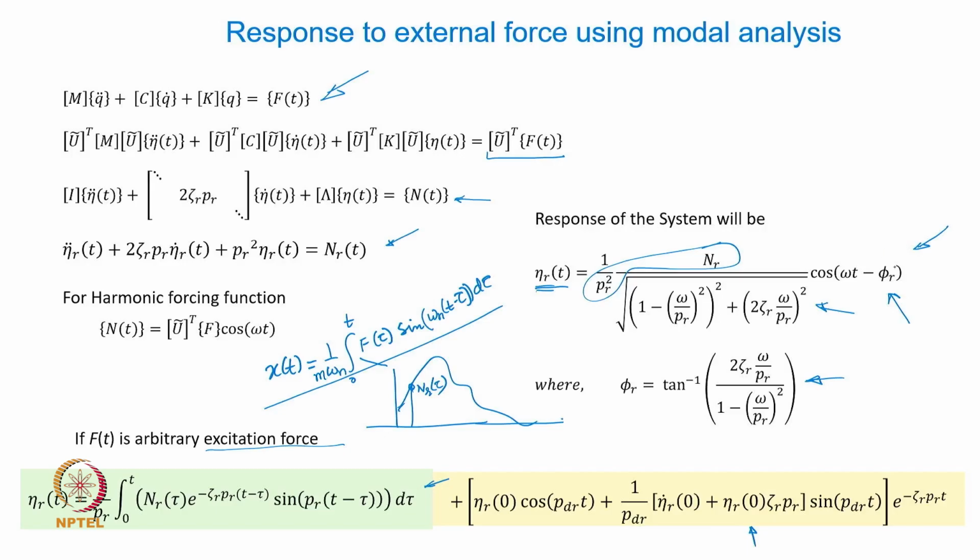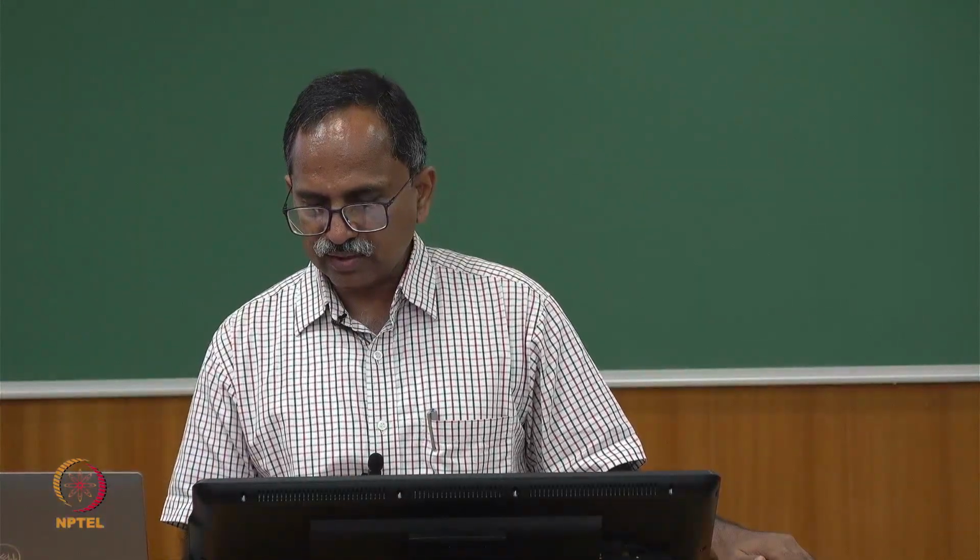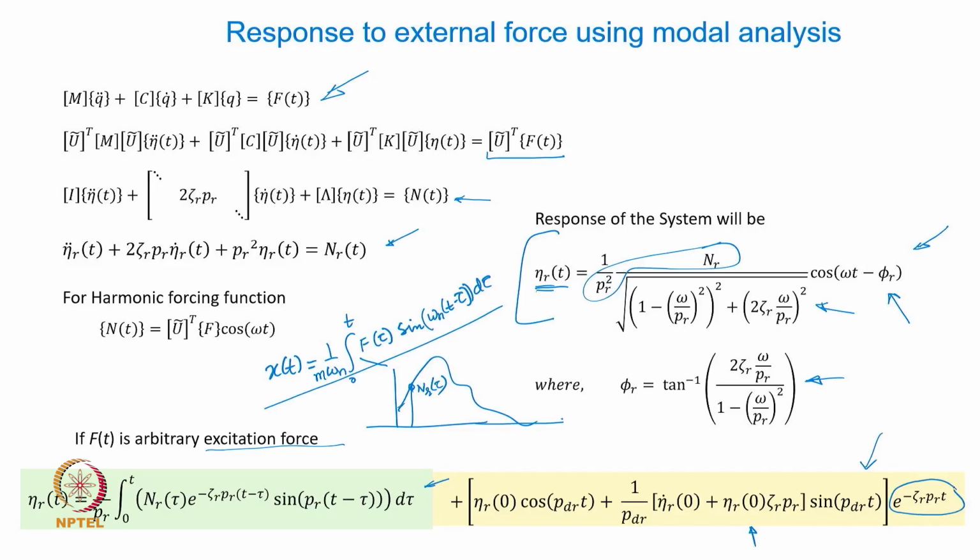The steady state solution will be obtained from this expression, but the initial transient, because of the initial conditions, will have to be included if you want to express the entire total response. And of course, given the amount of damping that a vibratory system typically has, this transient part is going to die out soon, and then you are left with only the response to the harmonic excitation or an arbitrary excitation that is impressed on the system.